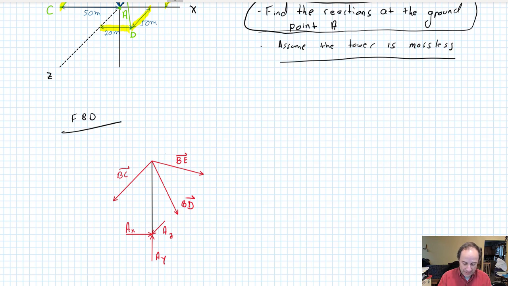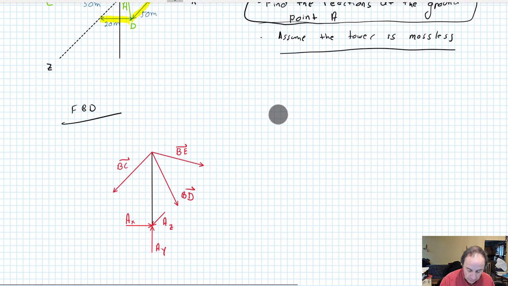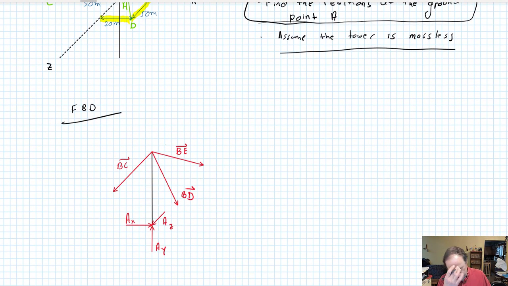We're just replacing it by a line along the y-axis. So what we're going to need are unit vectors. BC is easier because it's along the x-axis, but we still need a unit vector.